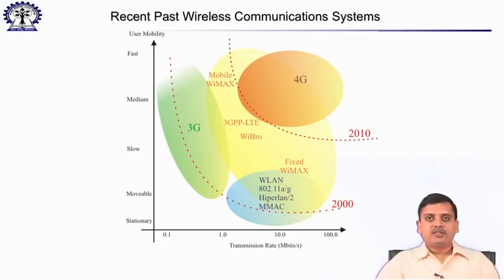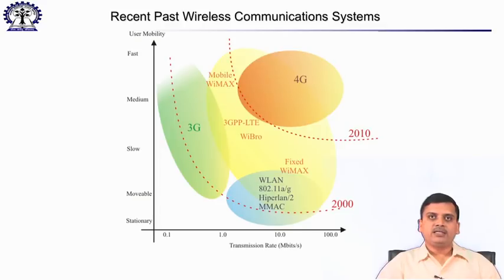This particular picture is capturing some of the technologies of the yesteryears, that is up to 4G. We deliberately did not bring 5G into account because it is yet to come, which we will see in some future slides. However, in this particular slide, we try to bring about the locations of the different technologies with respect to user mobility and transmission rates.